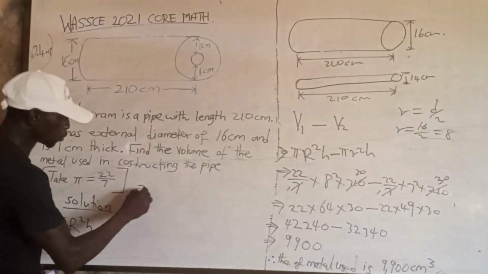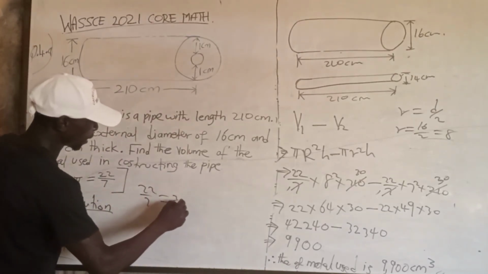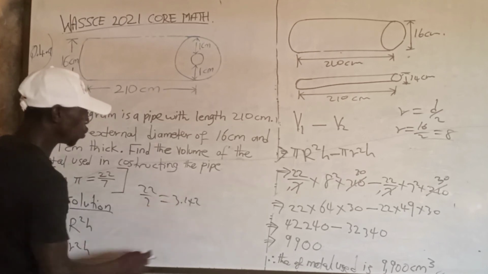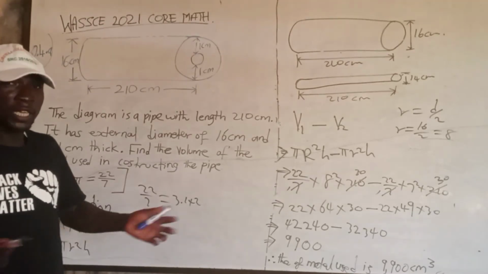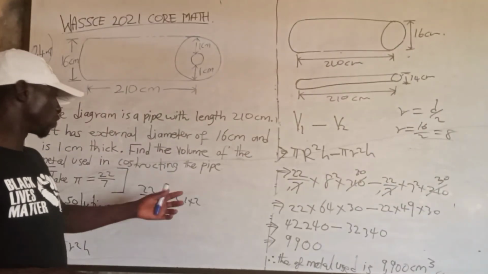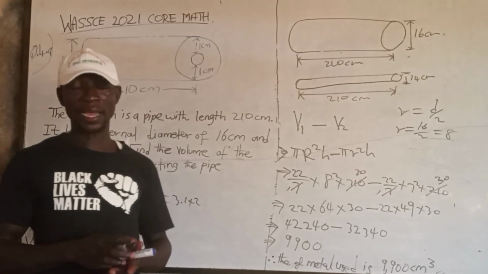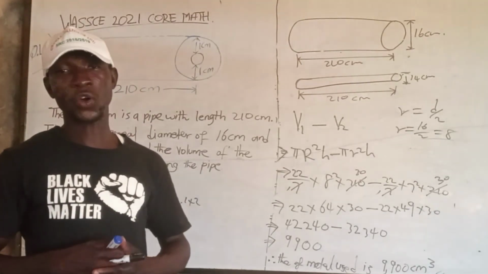In decimals, we say 22/7 is equal to 3.142. We are coming with a video to prove that. Some say pi is not 22/7, but when we come, we will know whether it's true or not.